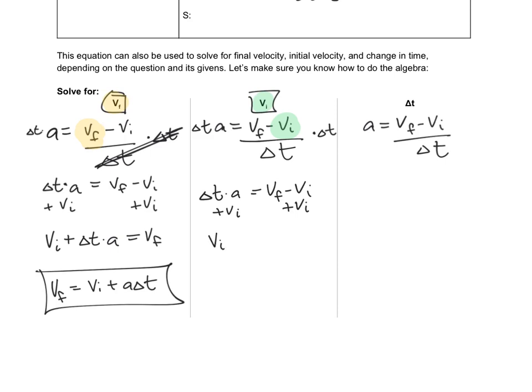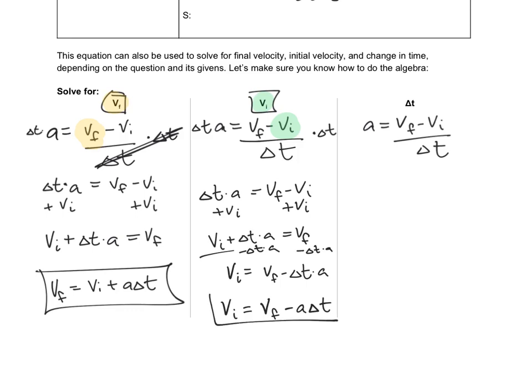You get VI plus delta t times A equals VF. And to solve for VI on the side, then we have to subtract delta t times A from both sides. So you get VF minus delta t times A, which is more commonly written as VI equals VF minus A delta t. And that's it solved for VI.